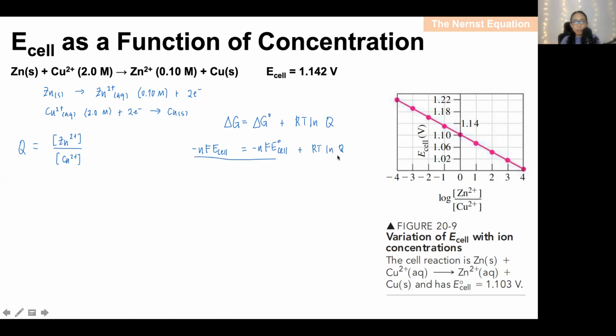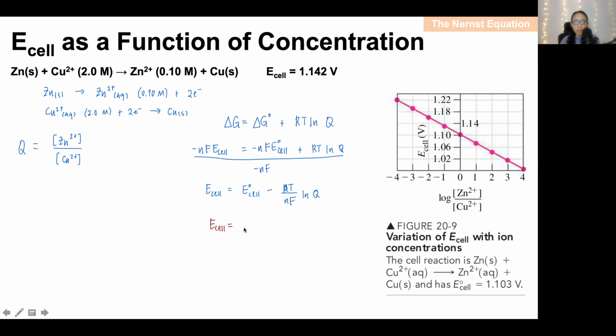So dividing the whole equation by negative NF, we have E cell equals standard cell potential minus RT over NF ln Q. So for this particular redox reaction, we replace Q there with the expression.